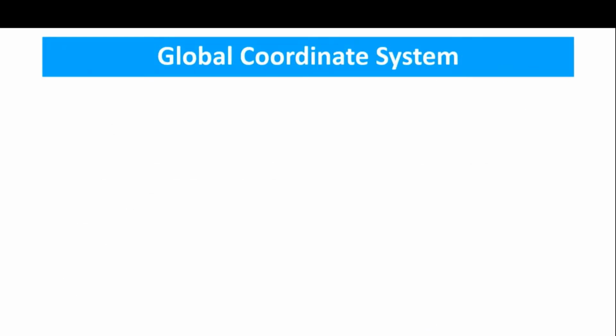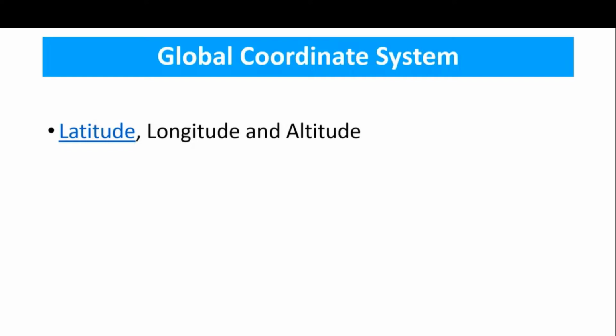Now we will see the global coordinate system. You have already been exposed to it. It may be repetition, but this is specific reference to the survey for the pre-tamping and post-tamping work. Global coordinates have longitude, latitude and altitude.